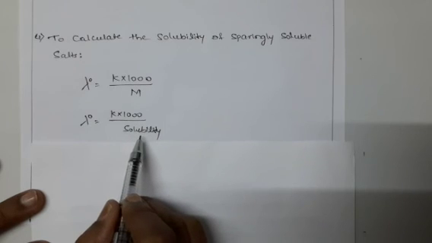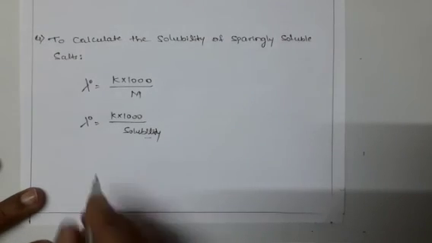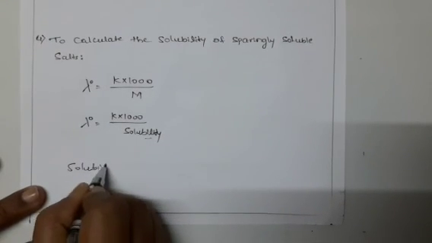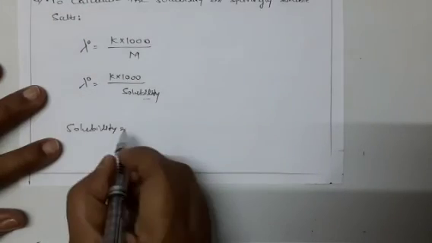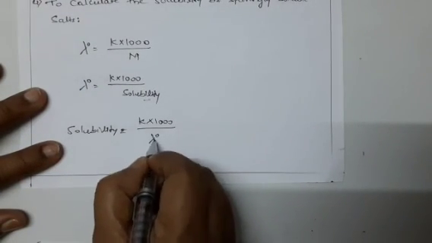So the solubility is equal to K into 1000 divided by lambda naught.